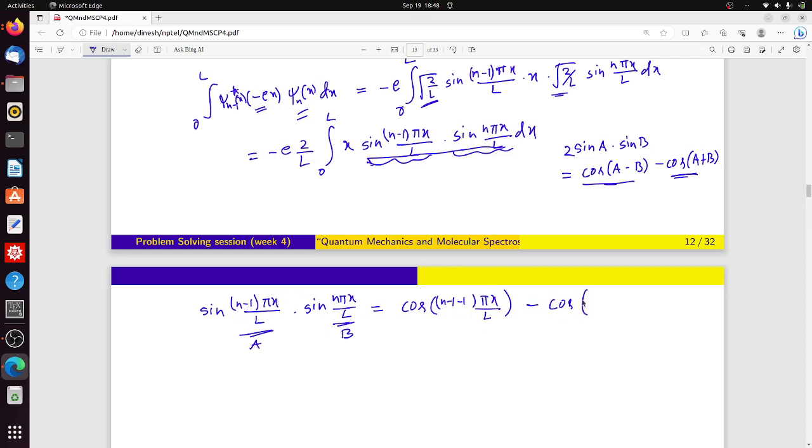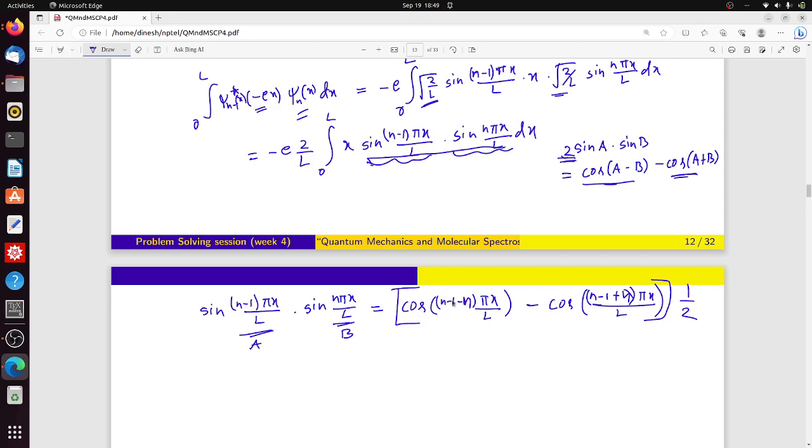So this is (n minus 1 plus n), and others are constant, pi x over L. And of course there is 2, so I have to divide by 2, right? Sorry, this is n.